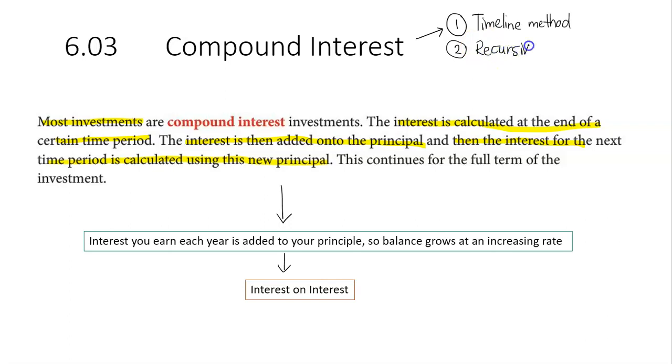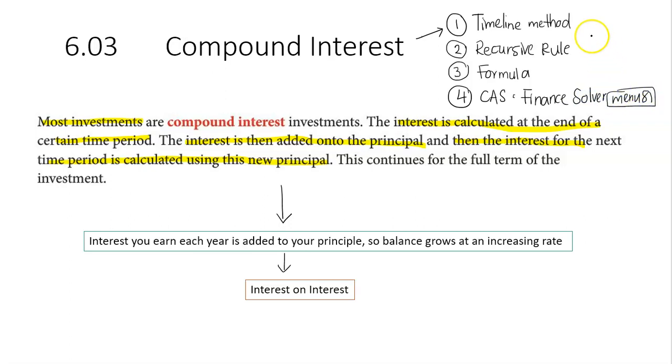Whether you like it or not, you must master this one. The third one is the formula for compound interest. And fourth, we are going to use a CS calculator, using the finance solver function, which is manual 8.1 if you want to know. So there are four methods I'm going to teach you to do compound interest.